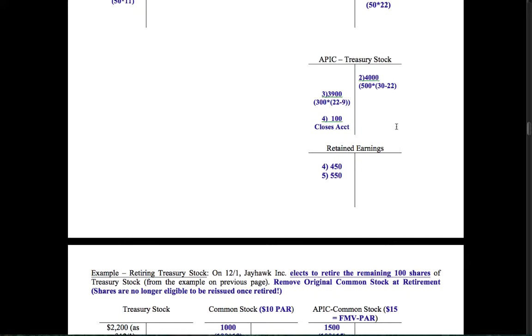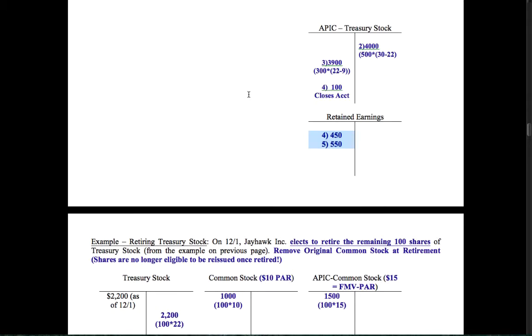Make sure you remember that you only make the entries to this account, specifically these debit entries, when there is a balance to remove. Therefore, if there was no balance in this account, these entries would be reflected in retained earnings directly.